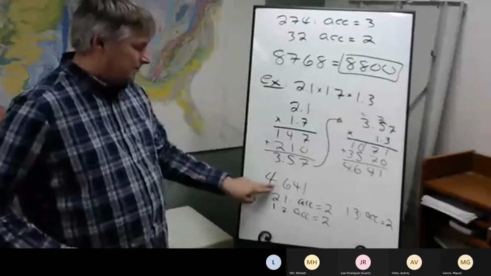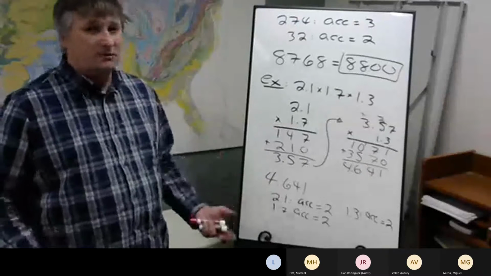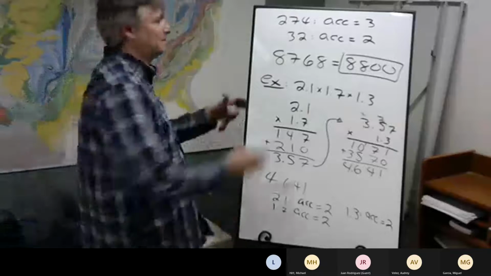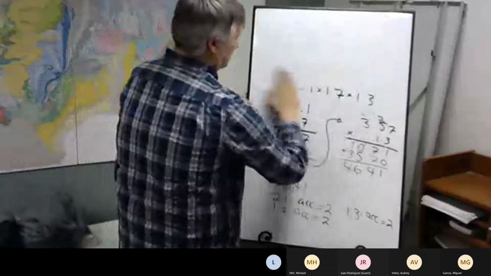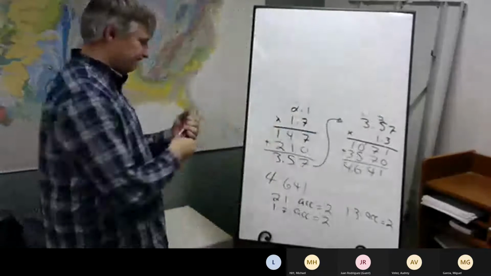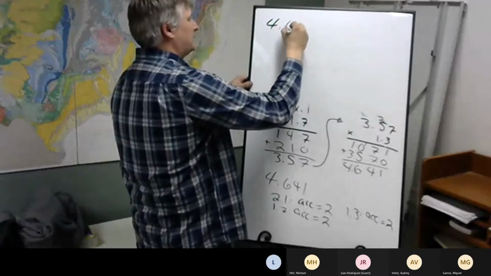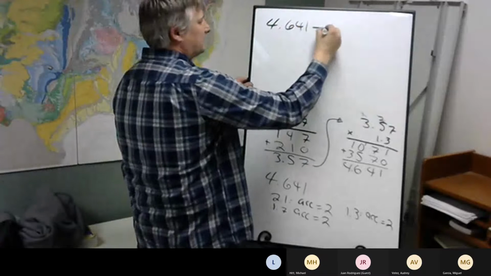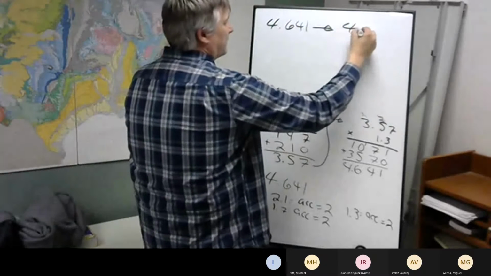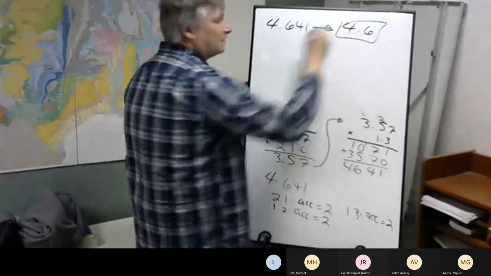So what this means is this answer needs to be rounded to 2 significant digits. So 4 and 641 thousandths will become 4 and 6 tenths.